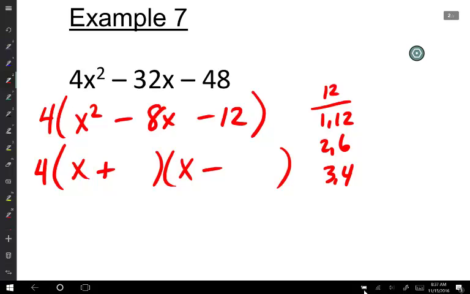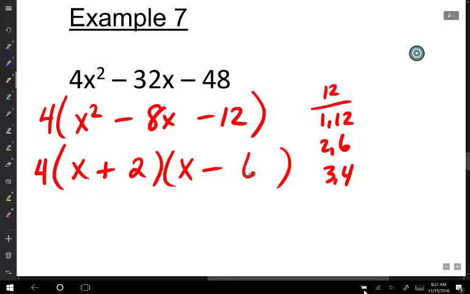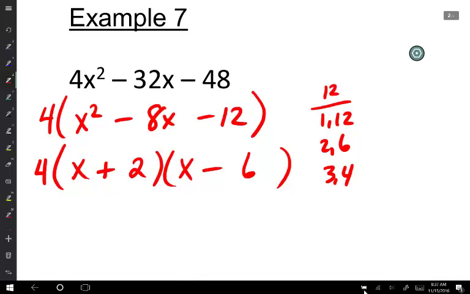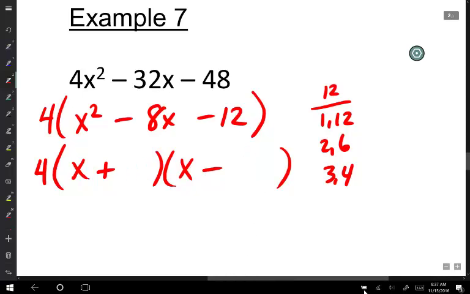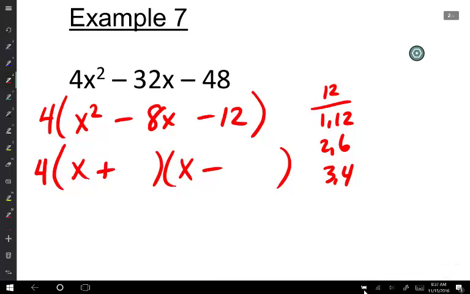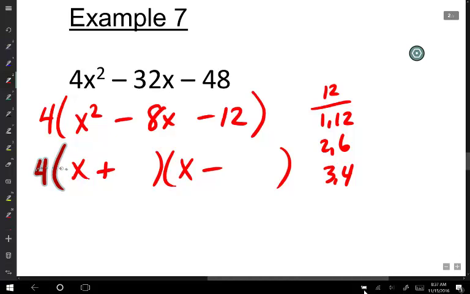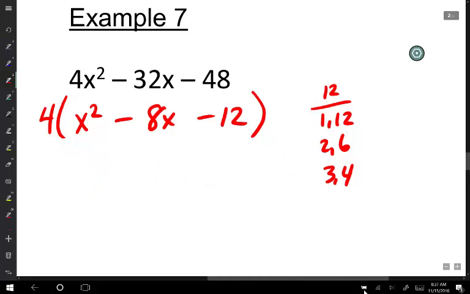Well, if we have 2 and 6 there, that's going to get us to 4 or negative 4. 1 and 12 gets us to 11 or negative 11. So do any of these factors work? Okay. So that's the answer.